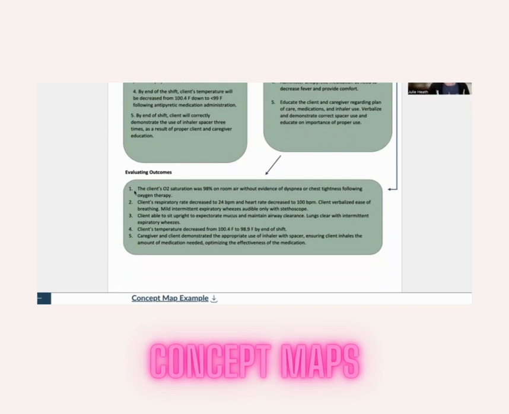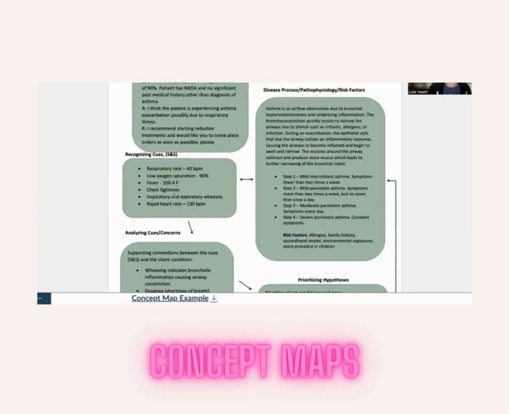Okay. So we're going to say number 1, the client's O2 saturation was 98% on room air without evidence of dyspnea or chest tightness following oxygen therapy. So you can either list it just like that, or you can even improve it by saying this shows signs of improvement from, what was it before? 90%, I think.